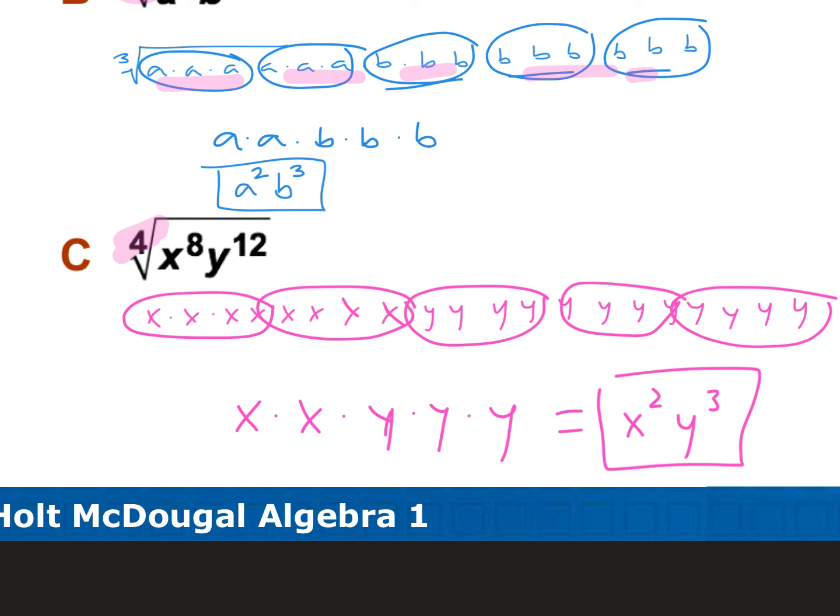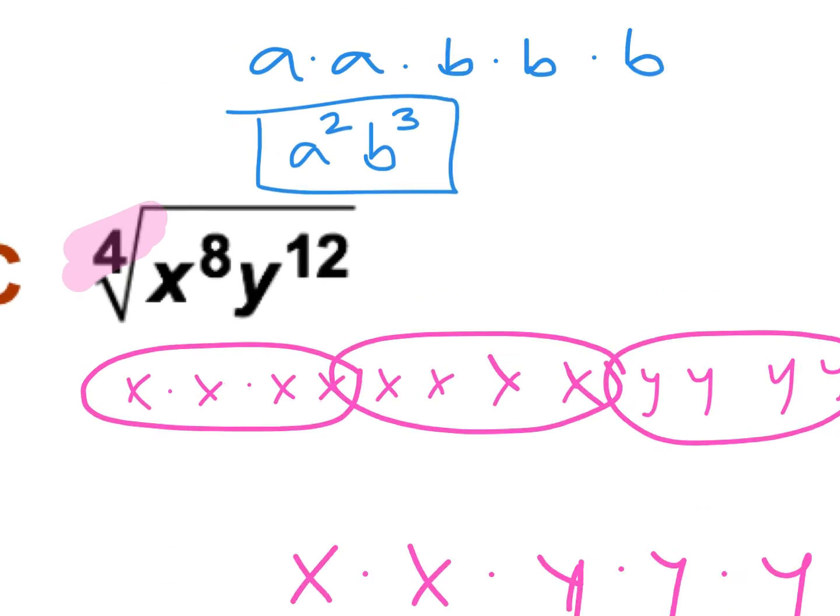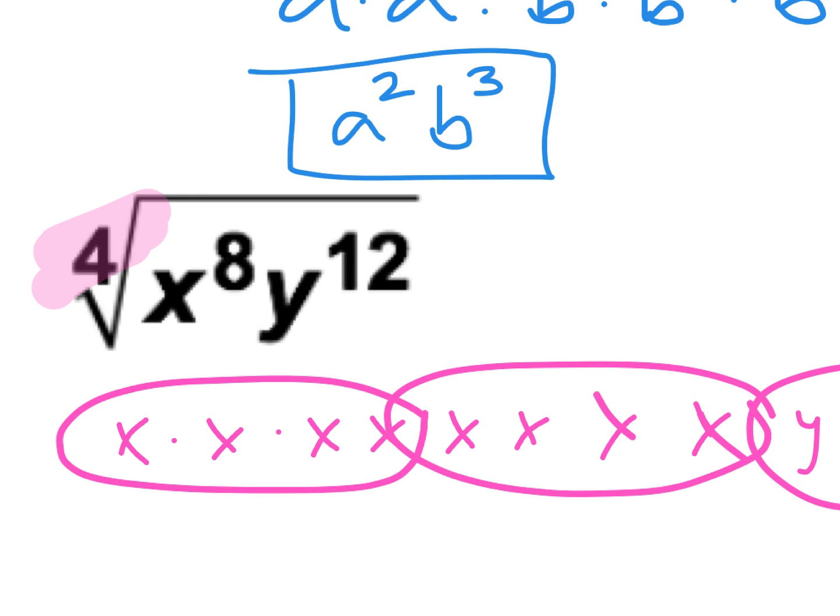Another way we can solve problems like this, which if you like to write it out, I feel like that's probably the easiest way, so stick to that. But if you had really big numbers in here, like x to the 27th power, and you didn't want to write out 27 x's, we know that our index goes in the denominator of our fraction. So this would be x to the 8 over 4 and y to the 12 over 4.